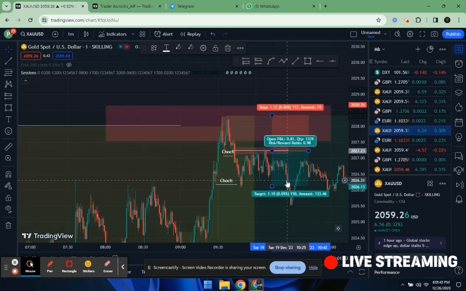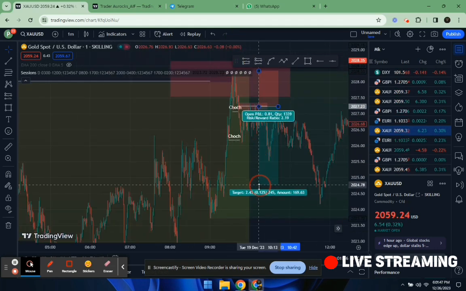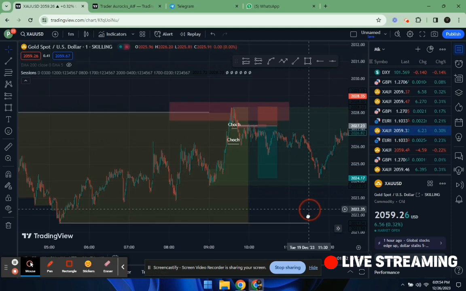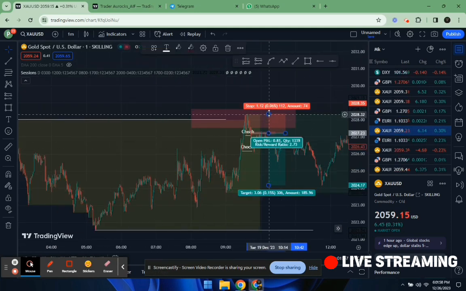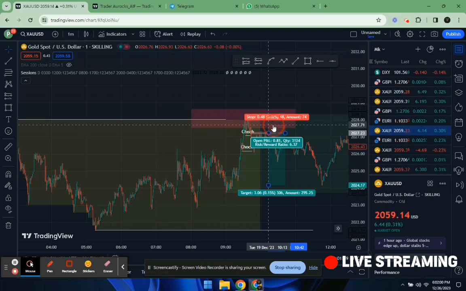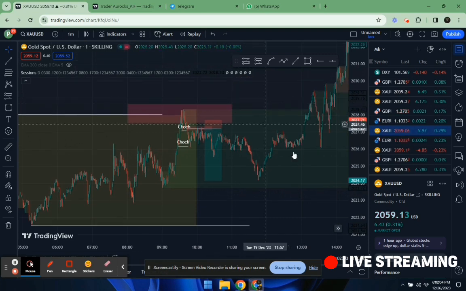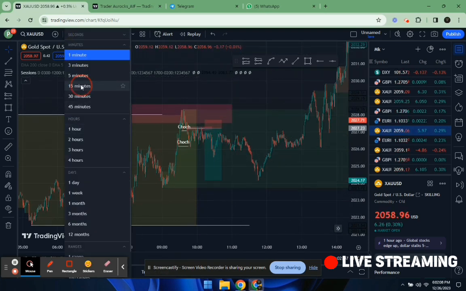You can see price hit a 1 to 2 before actually reversing like 30 pips. But anyways, if you put your stop loss here at 1 to 6, it just depends on you. The more you use this strategy, the more you know what works for you. What works for me might not be what works for you. It's just consistency.